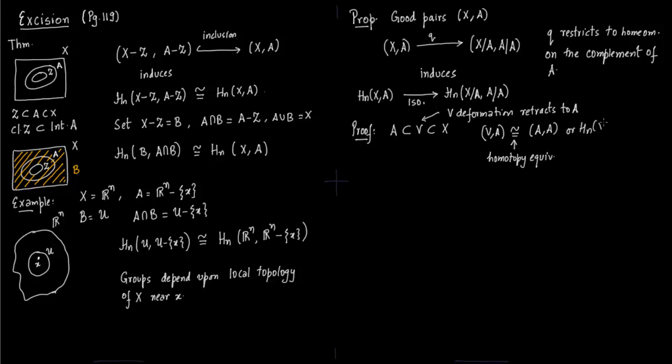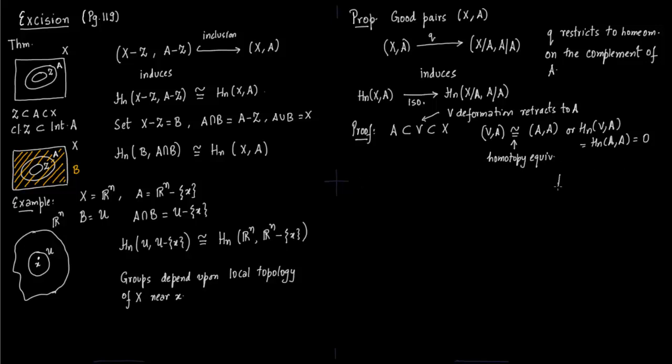So that means the homology groups are isomorphic, but Hn(A, A) is 0. You have A relative to A, so you have 0 by definition of these relative homology groups.